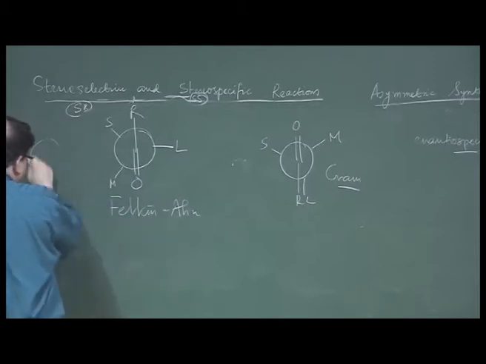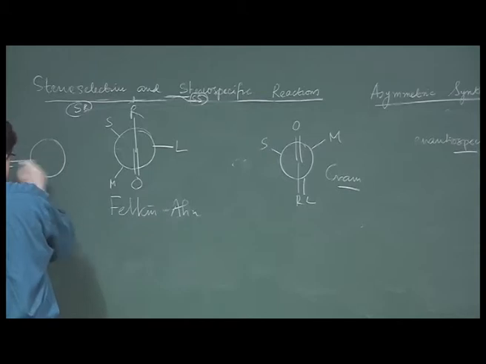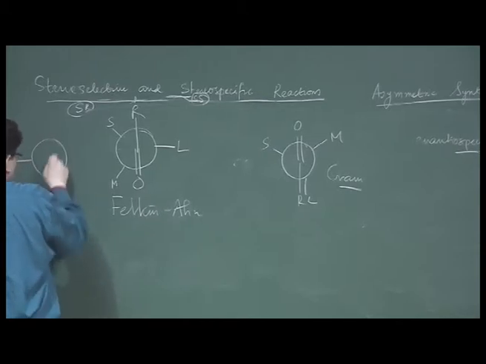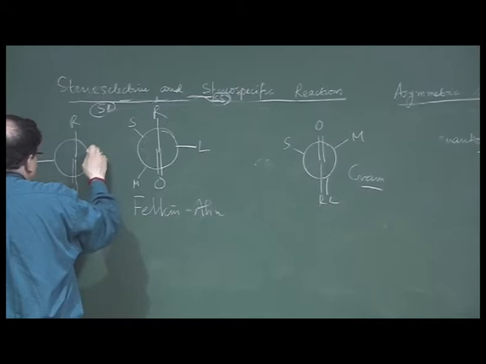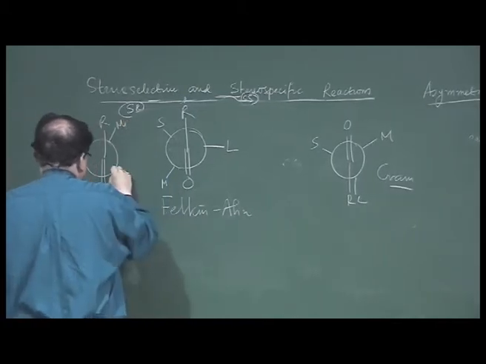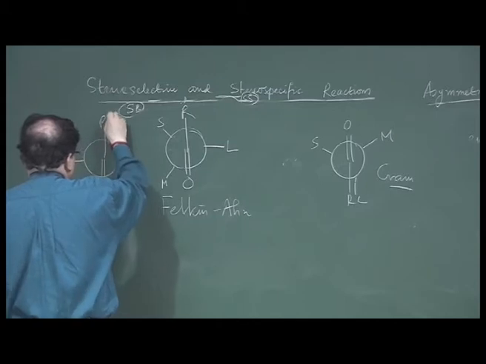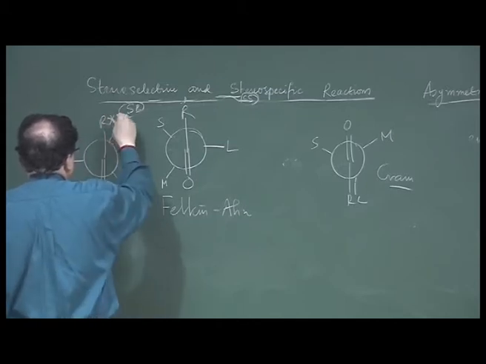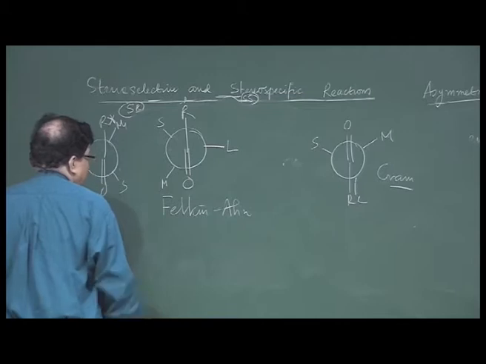The other way around, meaning L is on this side, then what happens? You have interaction between R and medium. So, that interaction will be there, so that will not be favoured. So, this is the favored conformation.